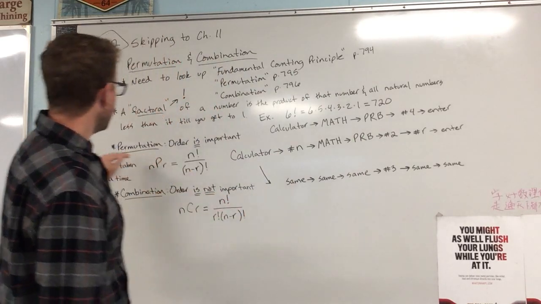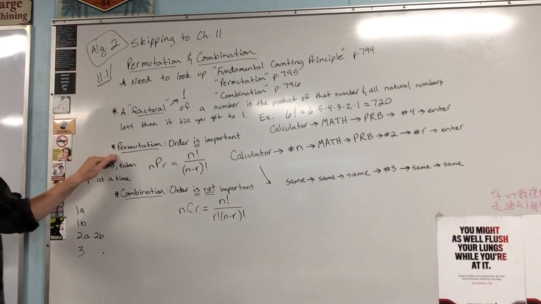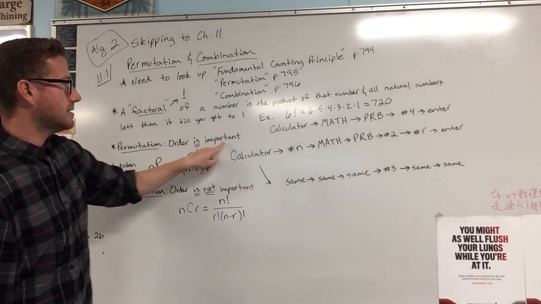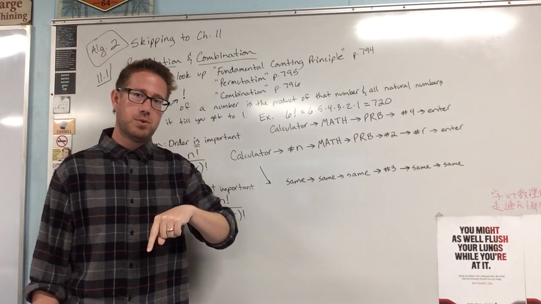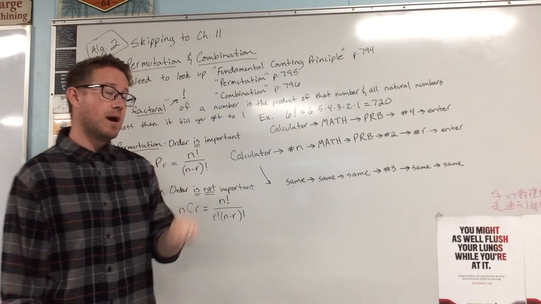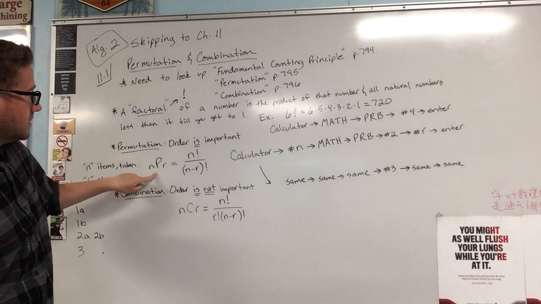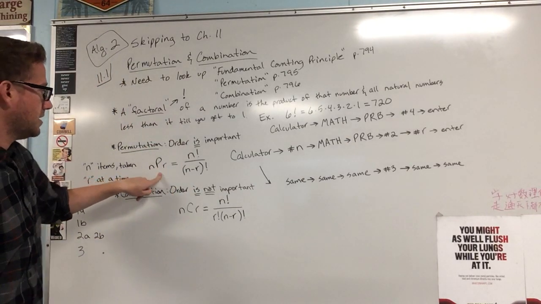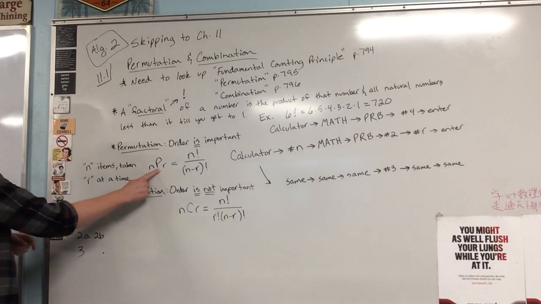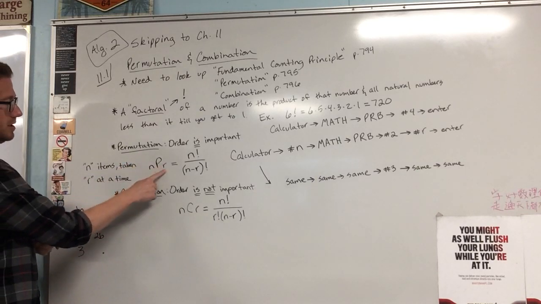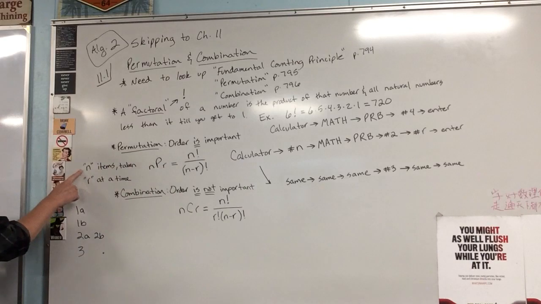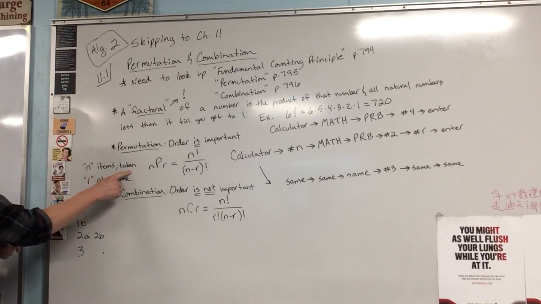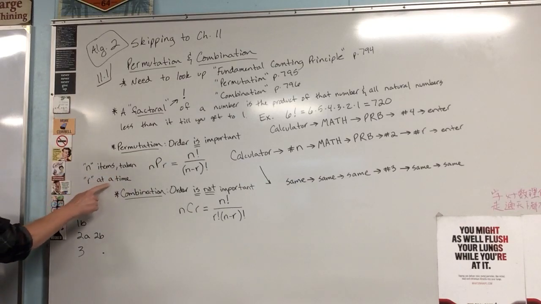All right, for a permutation, order is important. Now when we do the example problem for permutation, you're going to see order matters. Here is the equation for permutation. You have n, capital P, meaning permutation, and then R. This is what n is: you have n number of items taken R at a time.